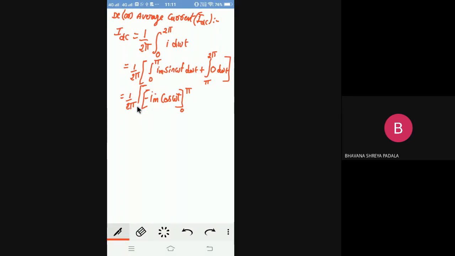Let us take I_m common, so it is I_m by 2pi into minus cos omega t. First, substitute the upper limit, minus cos pi, and then minus of minus cos 0. Since the limits are applied, it is minus cos pi minus cos 0. So it is minus of cos pi minus cos 0.